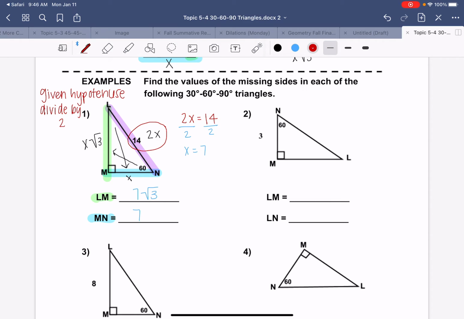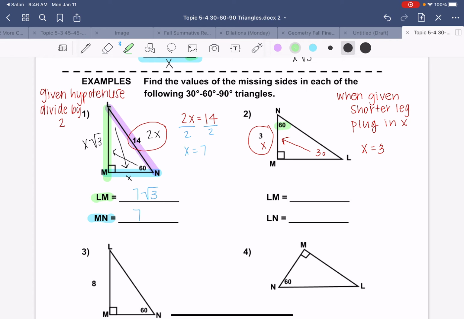On example 2, it gives you the side length across from 30. The constant that goes across from 30 is just x. When given the shorter leg, you just plug in x. So x equals 3.